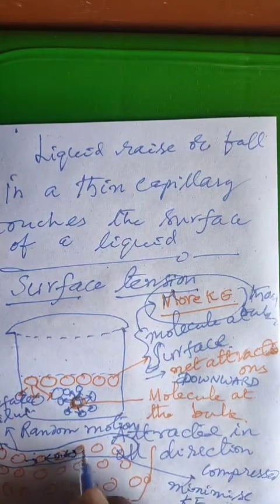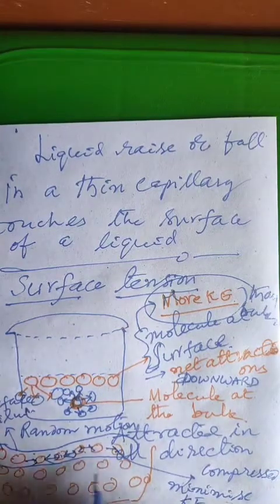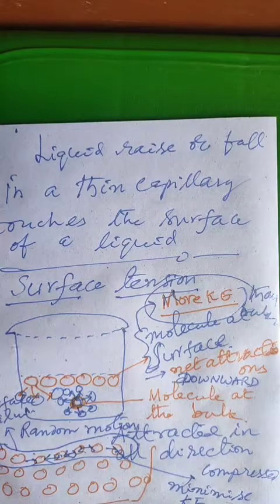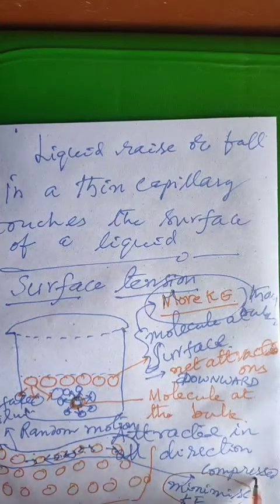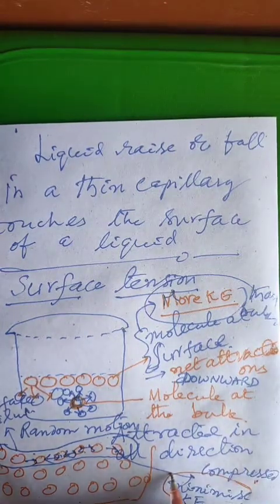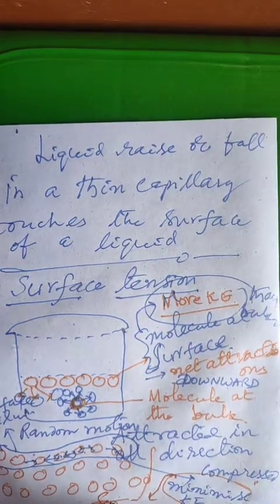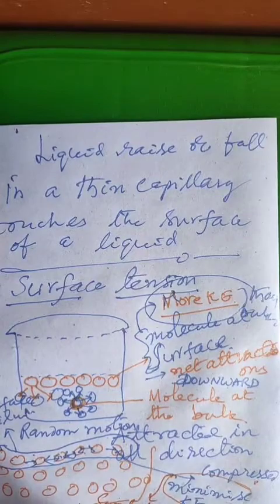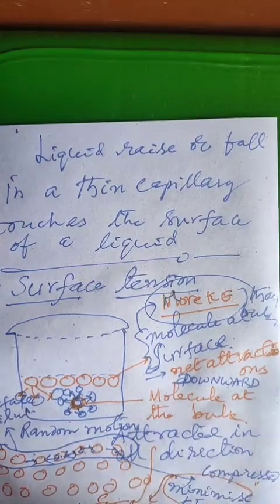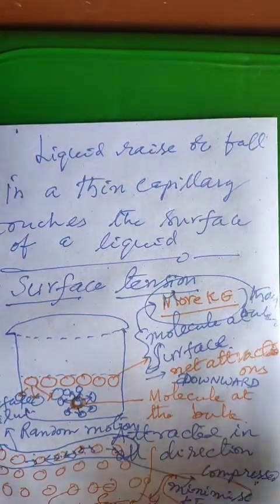How is it happened? They minimize the kinetic energy by compression. Due to compression, surface area is minimized. That's why, what is the information?